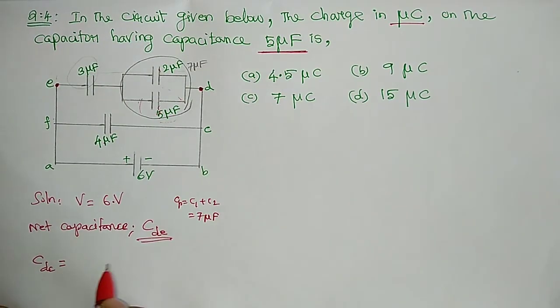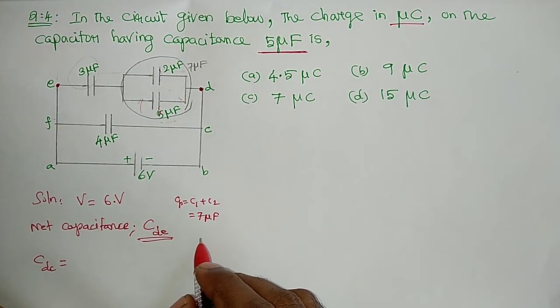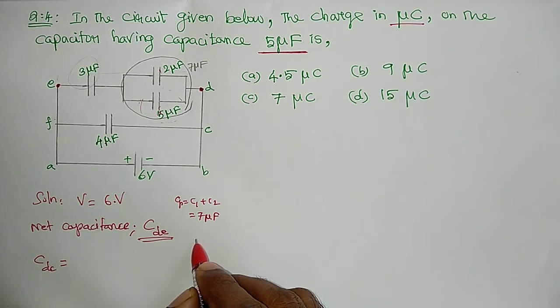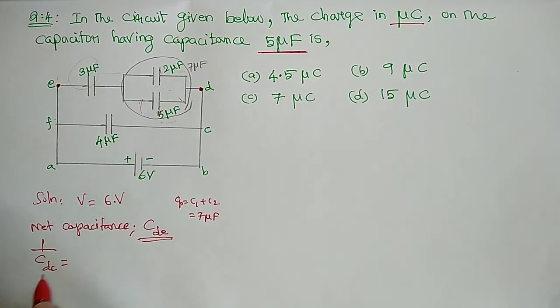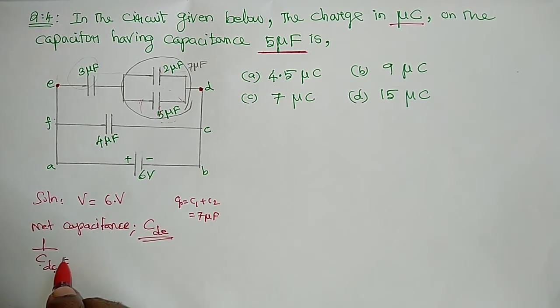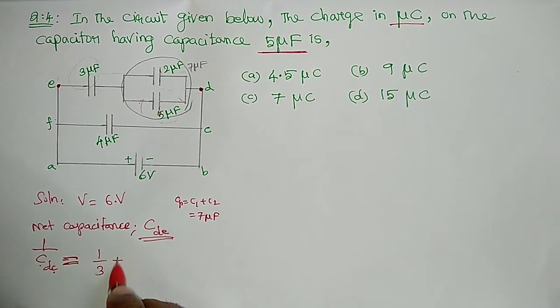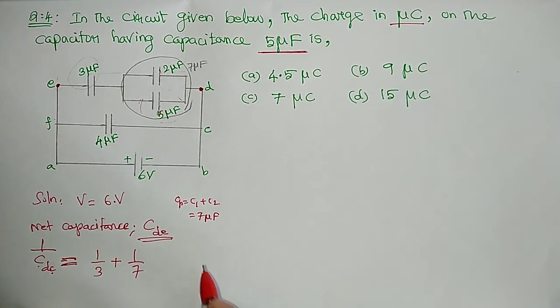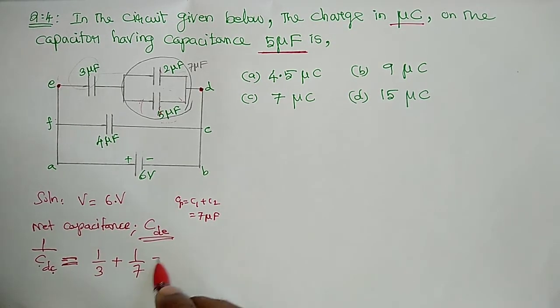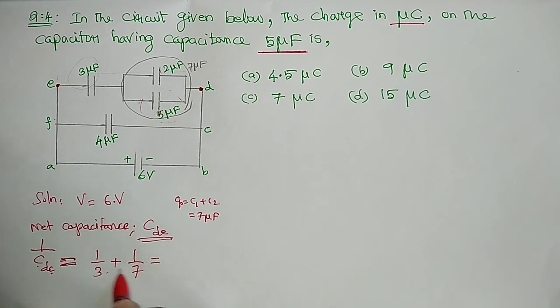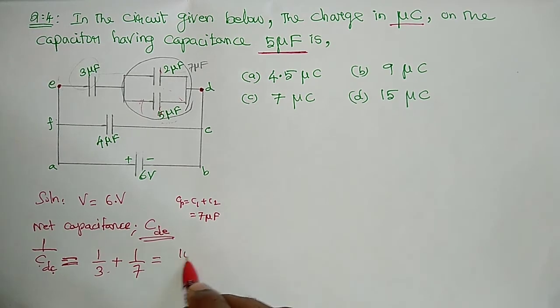So for series combination, what is the net capacitance? 1 by C DE is equal to 1 by 3 plus 1 by 7. You can cross multiply these two and simplify this term: 7 plus 3, so 10 divided by 21.